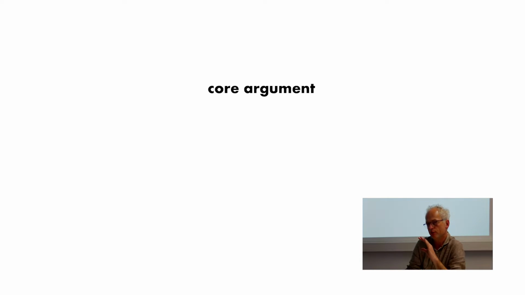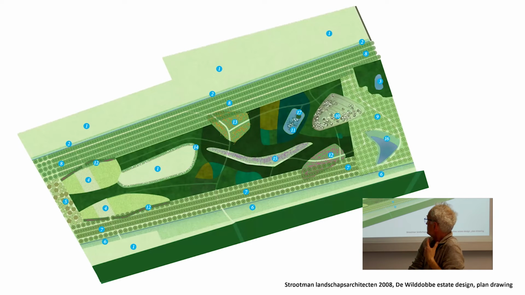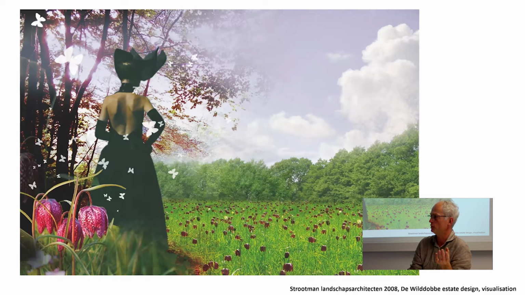So if I very shortly tell you my core problem, it is this: as landscape architects and, casu quo, perhaps architects, we make drawings, and this would be, in my words, a plan drawing. I guess you all understand the word plan drawing: you want to make something, this is the plan. And then in modern times we make beautiful visualizations of what we want to reach with that plan.